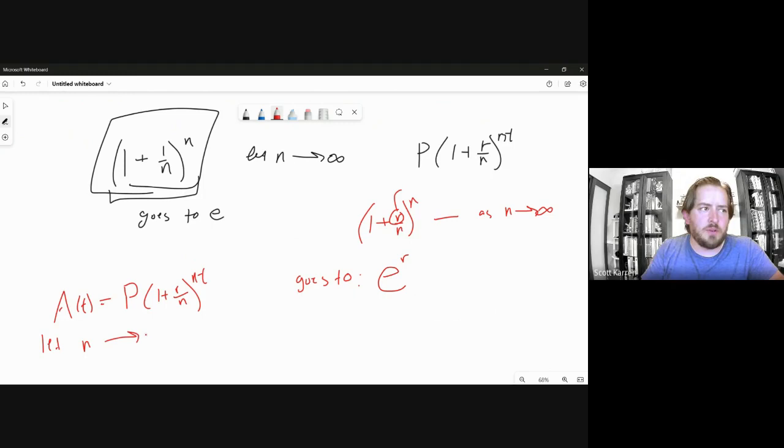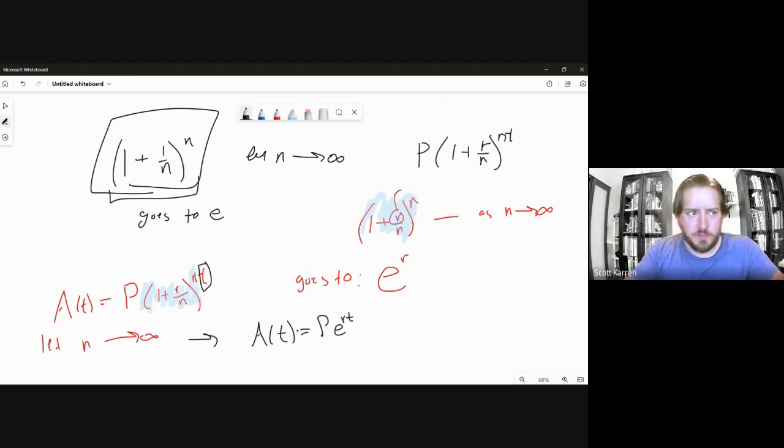Let's just say I'm going to compound this so many times that you can't even blink without compounding a bajillion times, right? And what happens is all of this junk, this 1 plus R over N all to the N, turns into an E to the R. And so then this thing turns into A of T equals P E to the R, and it's still all raised to the T as well, so it's T in the exponent.